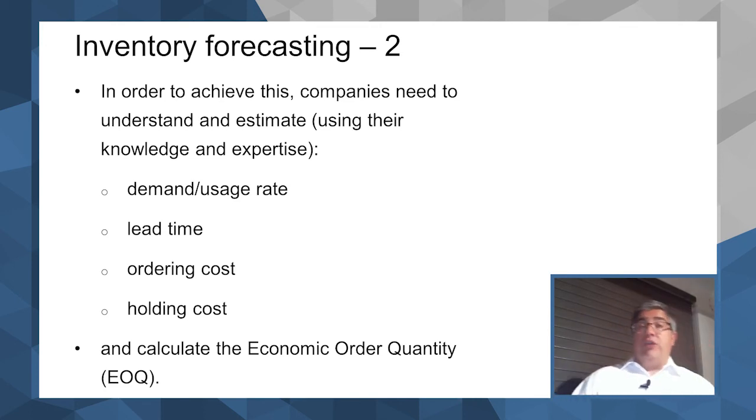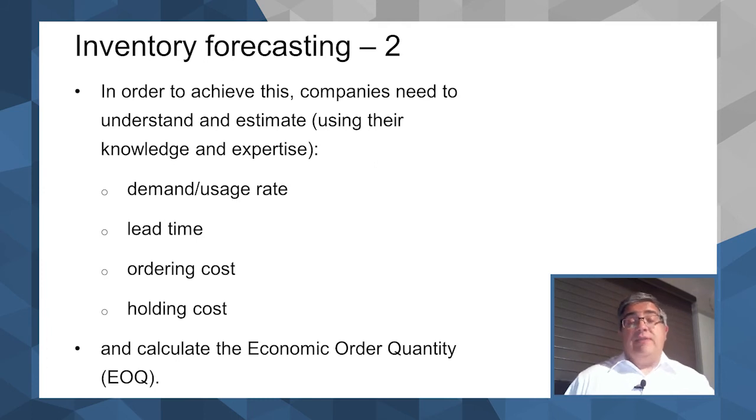And the holding cost, which includes the cost of storage, the cost of handling, any insurance potentially, any obsolescence, damage, theft, etc. And once you understand those four things, you will determine what's called the economic order quantity. And the economic order quantity is how many units I should order each time I place an order.